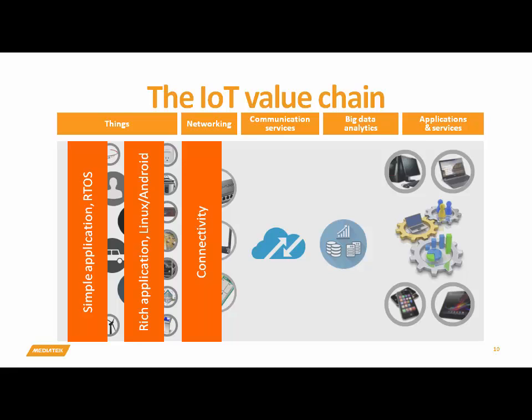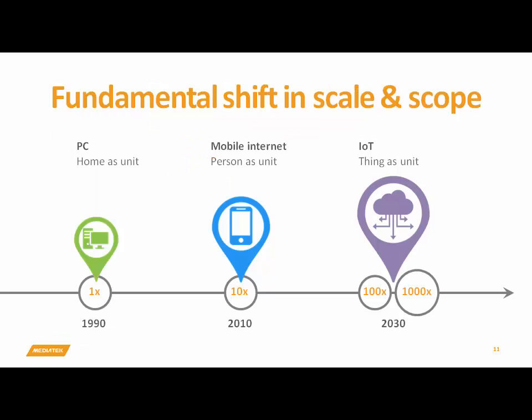MediaTek doesn't fall into those categories, but what it really focuses on is creating the things and the networking solutions. So we have simple applications, RTOS support, with rich applications. We have Linux and Android support, and also we have a really wide range of connected solutions, as I mentioned, certainly regarding things like the LinkIt One board.